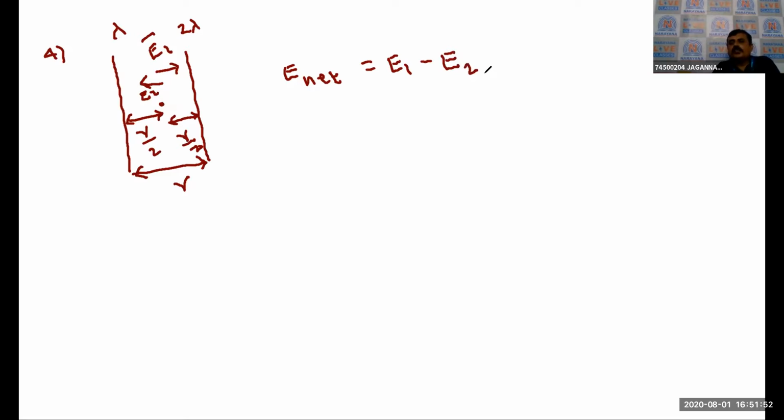Generally, what is the electric field due to a straight conductor at a point at distance R?